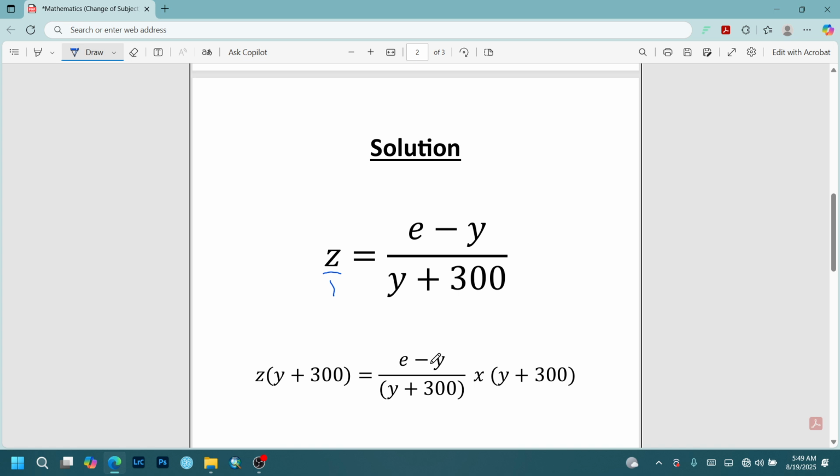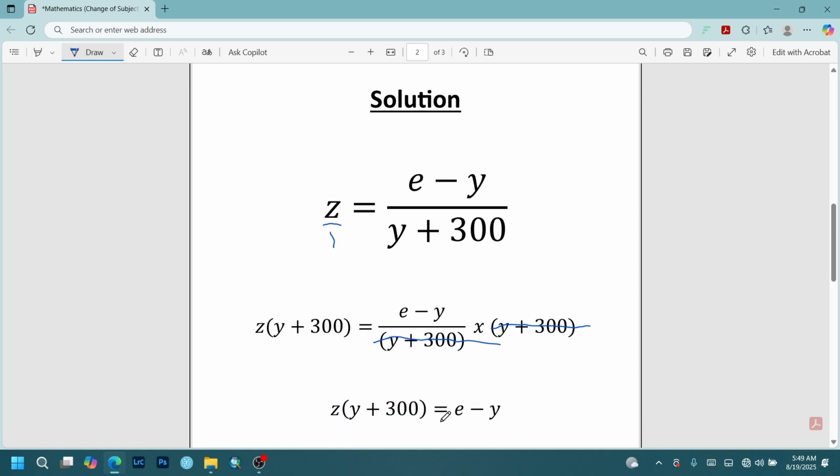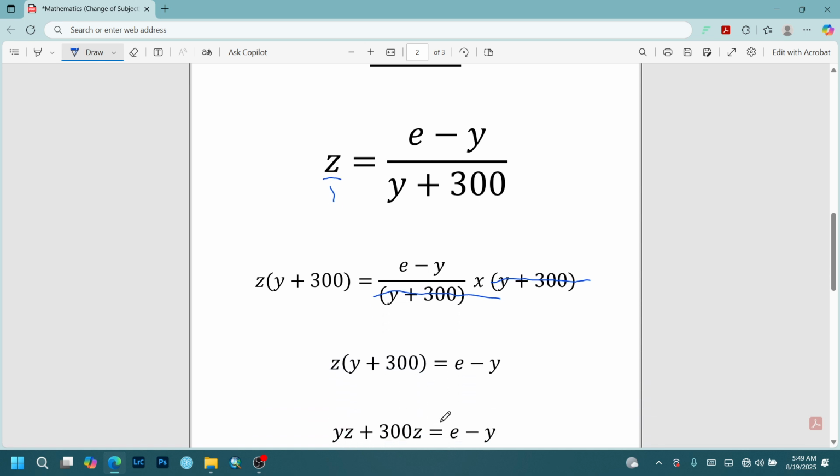Y plus 300 would also multiply the fraction (e minus y) over (y plus 300). So y plus 300 will cancel itself out here too, leaving us with the equation z multiplying (y plus 300) is equal to e minus y.